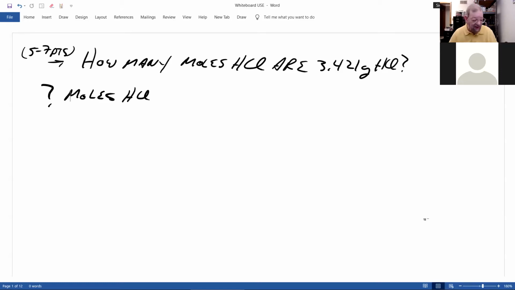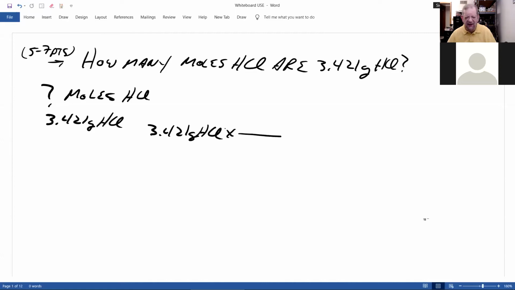We'll learn later on what an acid is. And what are you given? 3.421 grams of HCl. Using your good friend, unit analysis, this is all I have to start with. If I multiply it by some conversion factor ratio, what units do I want in my answer? Moles of HCl.